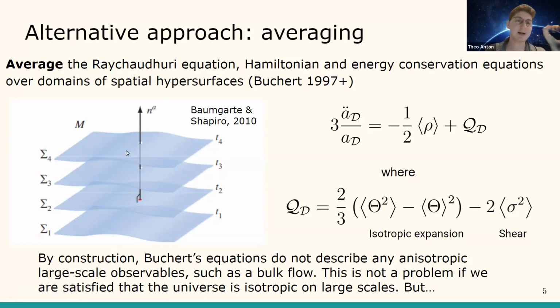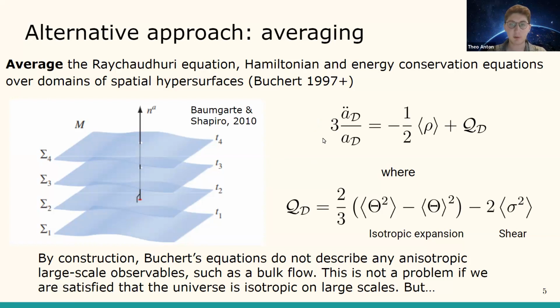And then if we take a spatial patch on those slices, we can define an effective scale factor, say, from the volume of that patch or that domain. So if we evolve in time, we can see how the volume of that domain changes, or the expansion rate of that domain, or the average energy density in there, and so on. And therefore, we can construct what the effective cosmological evolution is that an observer in that domain would see.